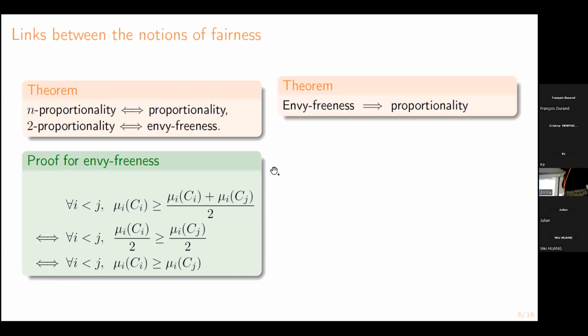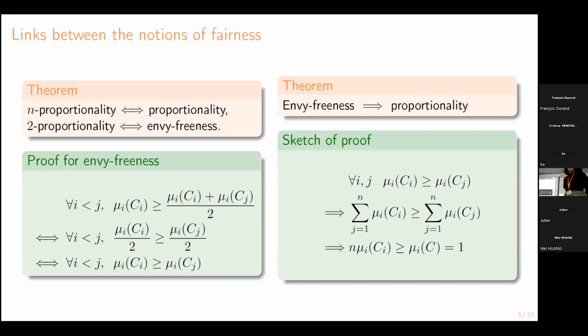Okay, and another theorem: envy-freeness implies proportionality. And again, the proof is very simple. So here you have envy-freeness, and for i, if you just sum over every agent j, you obtain this.